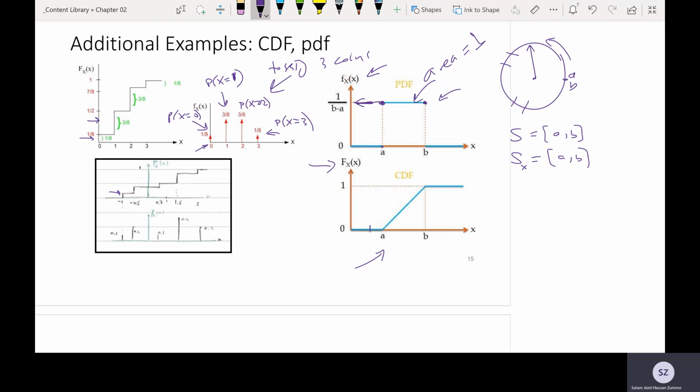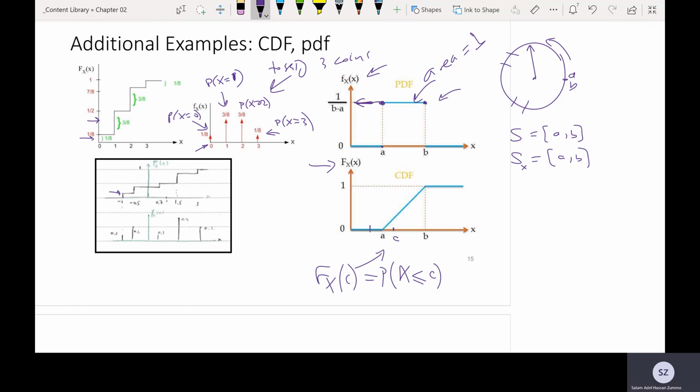Because x cannot take a value less than A. What about Fx of C? What is Fx of C? It's the probability that x is less than or equal to C, right?